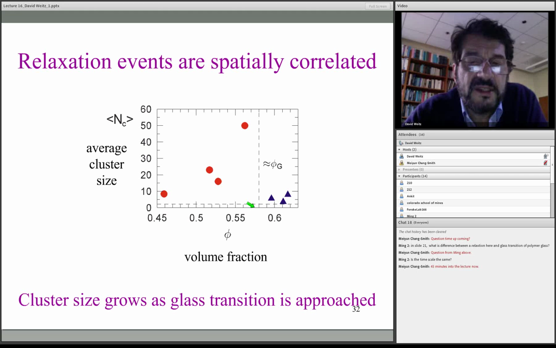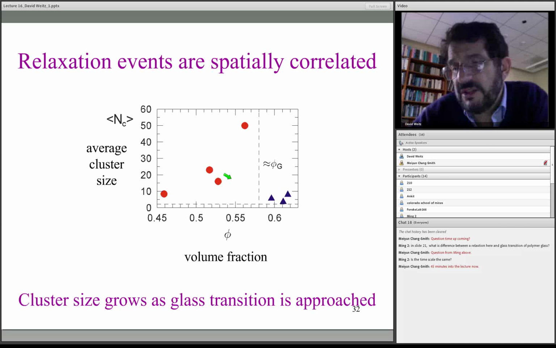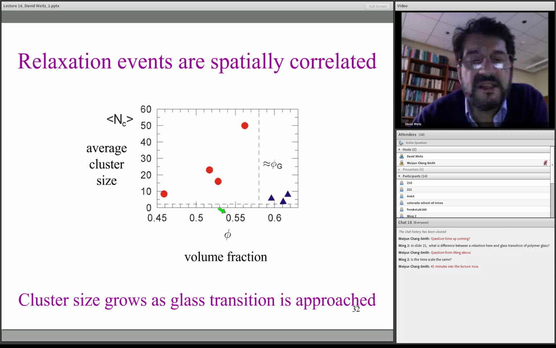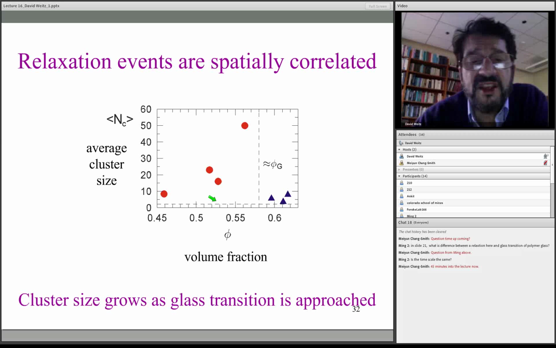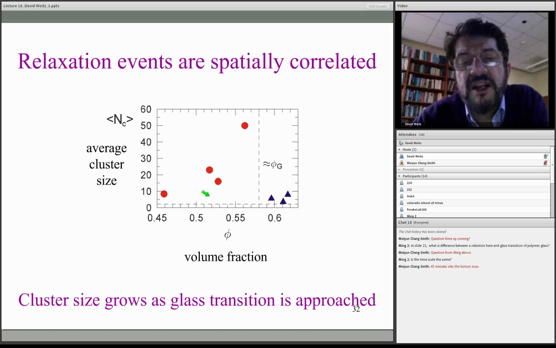But what you can see is the origin of this: because it's becoming so crowded, one particle cannot relax completely with respect to its neighbors without undergoing motion of several other of its neighbors. And that's what leads to these strong correlations in the regions that relax. And of course, the reason things slow down when you become a glass is because it becomes more and more crowded, and the range of these relaxations becomes larger and larger.